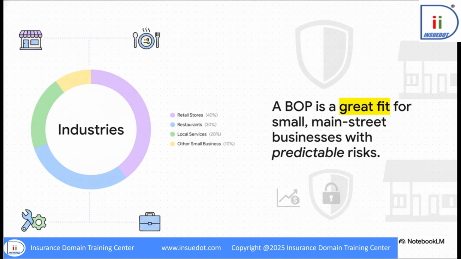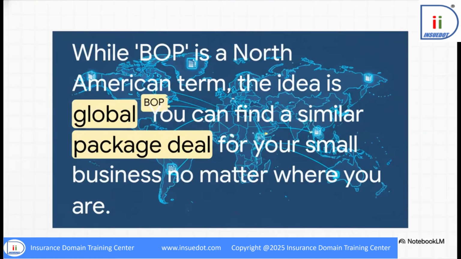It's that similarity, that homogeneity, that allows for a standardized, prepackaged product. You simply can't create an efficient, bundled product for a market where all the risks are wildly different. And it's really worth pointing out, this isn't just a North American thing. While the name BOP might be specific to here, the actual product strategy, bundling common coverages for small businesses, that's a global playbook. The underlying logic of using standardization to create efficiency is universal in the world of insurance.